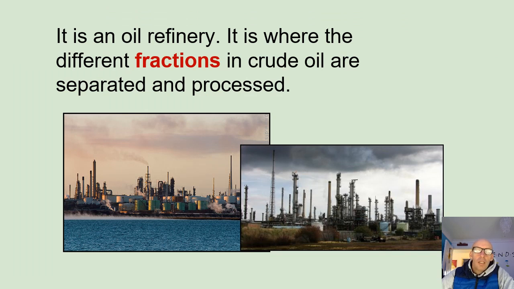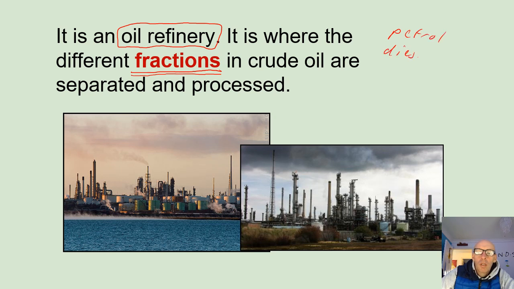And here is an oil refinery. An oil refinery is somewhere where we take the crude oil to turn it into useful chemicals. What we say is we separate it into its different fractions. So in crude oil we can take out a fraction called petrol, and we can separate out a fraction called diesel and bitumen, and they're the ones I've mentioned so far in previous lessons.